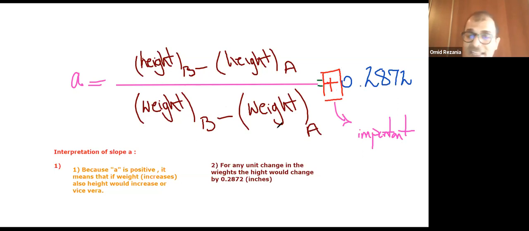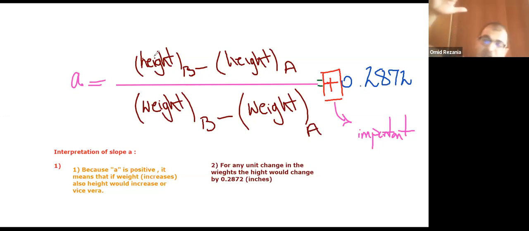If the weight decreases, the height increases. They are moving in the opposite direction. One goes up, the other one goes down, if the sign is negative. But if the sign is positive, it means that if one goes up, the other one goes up proportionally with respect to the slope.